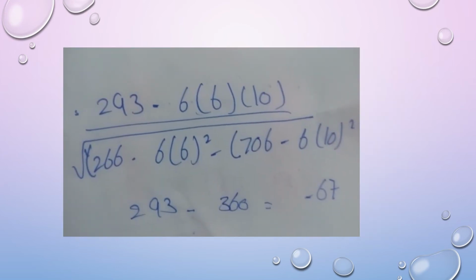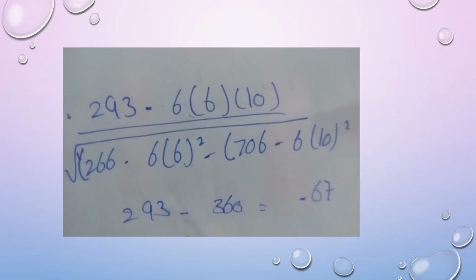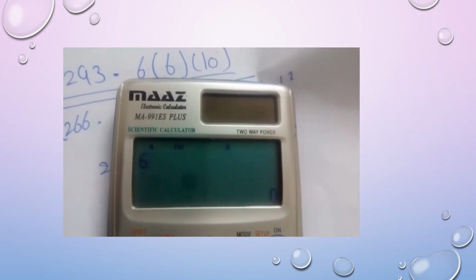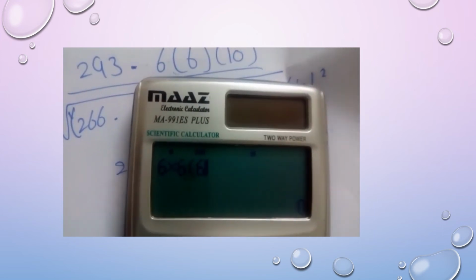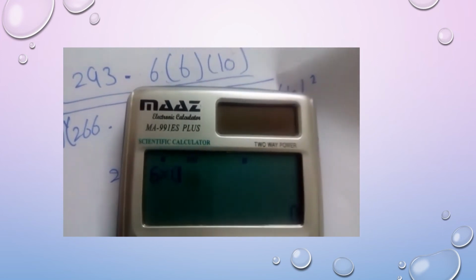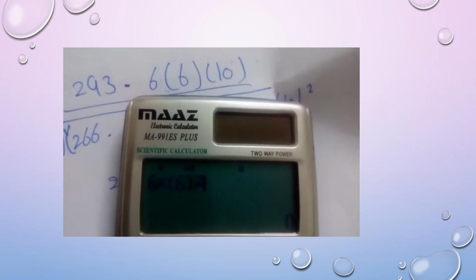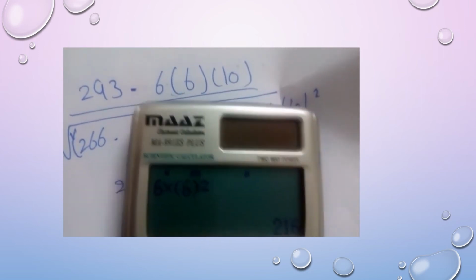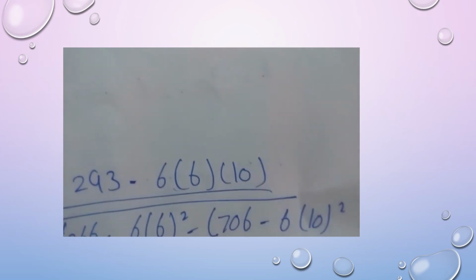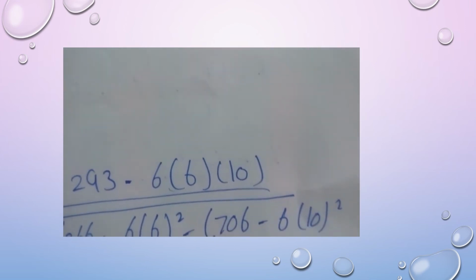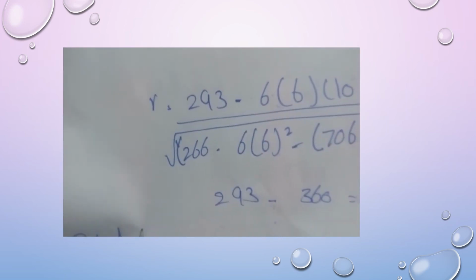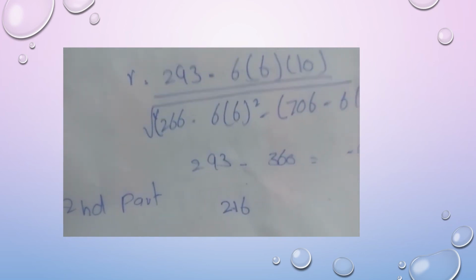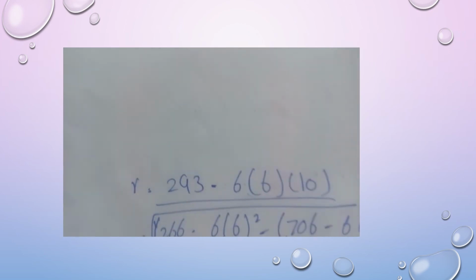And this is the second part of the formula, in which we multiply 6 with 6 whole square, and the answer is 216. Second part, minus 266.